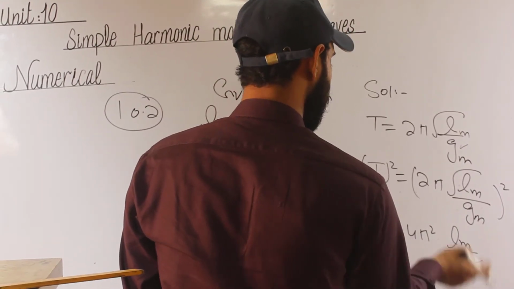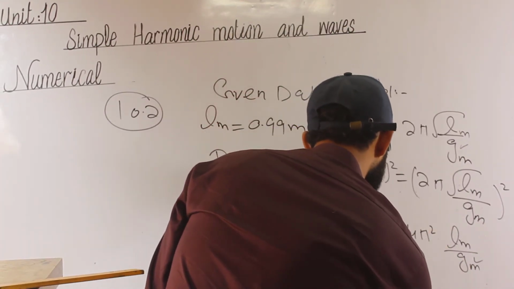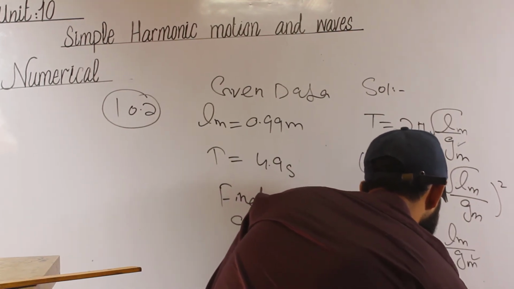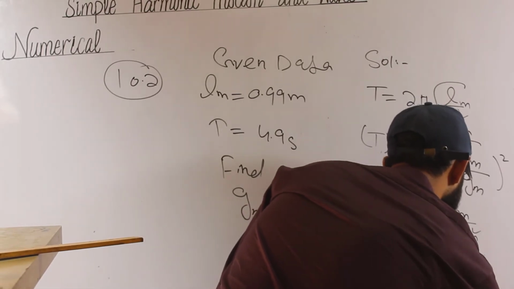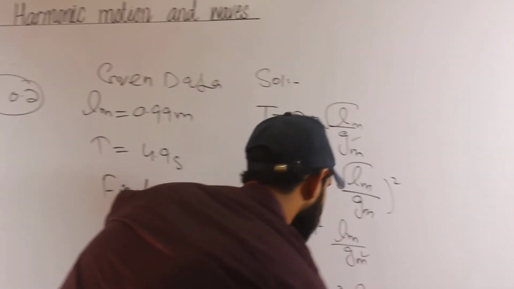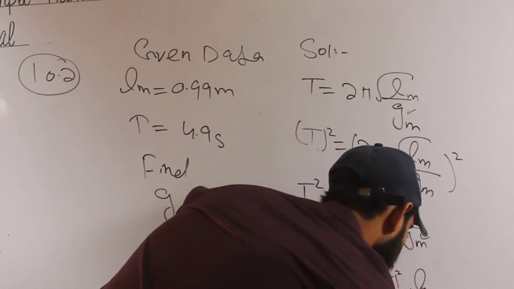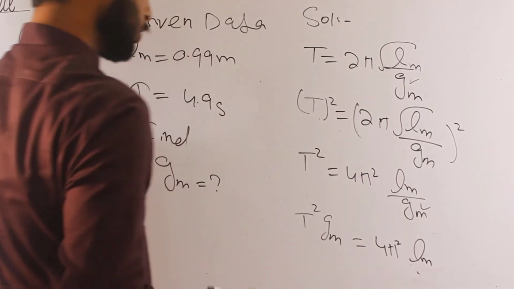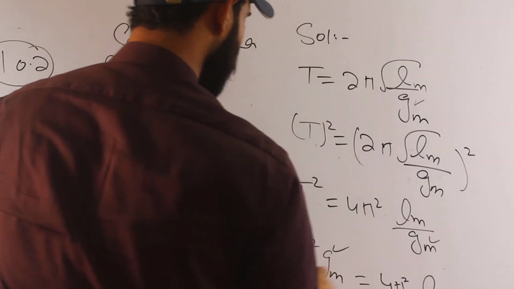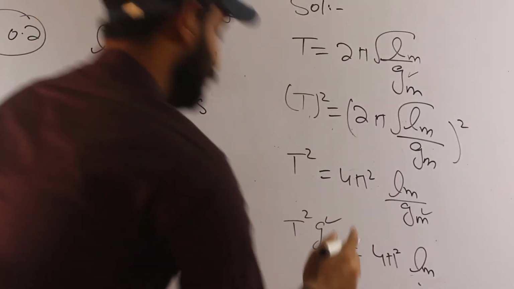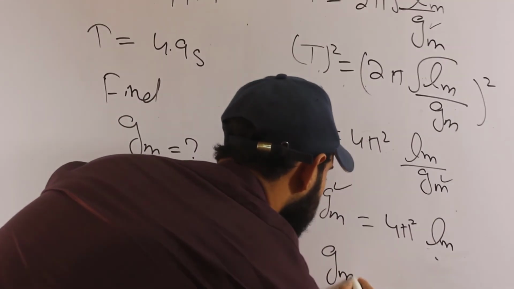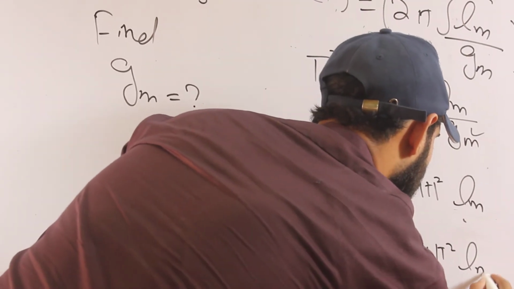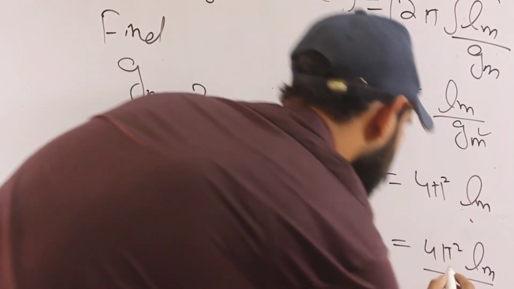Gm here is divided, so it will be multiplied on the other side. T square here is multiplied, so it will be divided on the other side. So this formula becomes Gm equals 4π square Lm over T square.